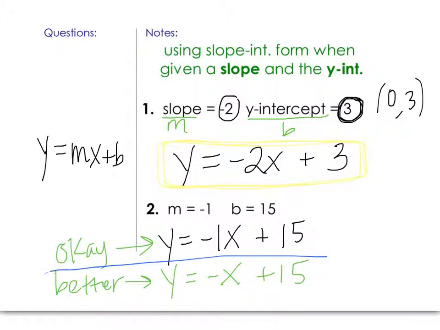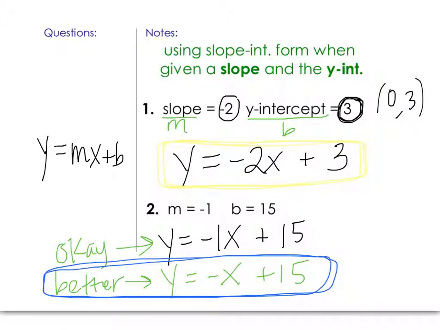This is what you want your answer to look like. You don't want to have a 1 in front of that x. That's not how you'll see it really anytime it's written formally. So y equals -x plus 15.